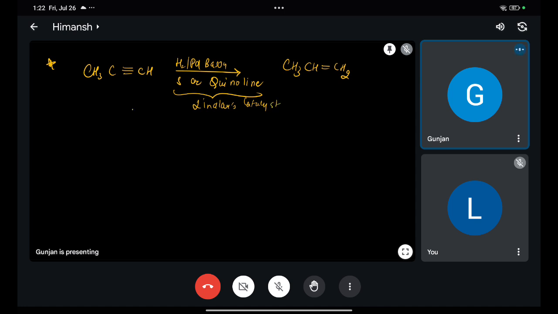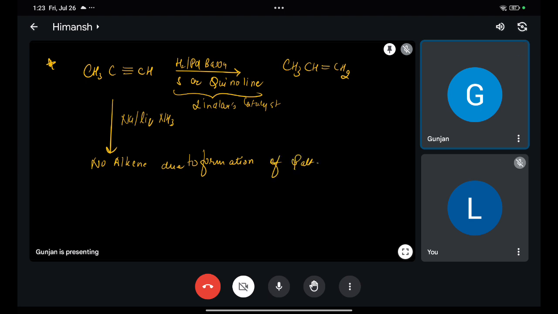But if we do the same reaction with sodium and liquid ammonia, we will say no alkene, due to formation of salt. Alright. Yes, ma'am.